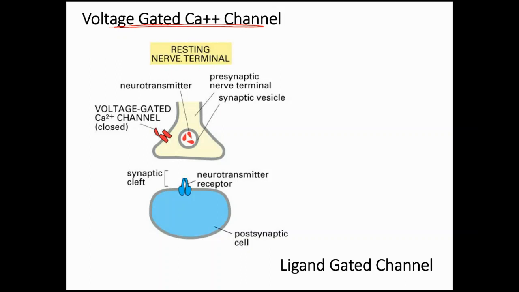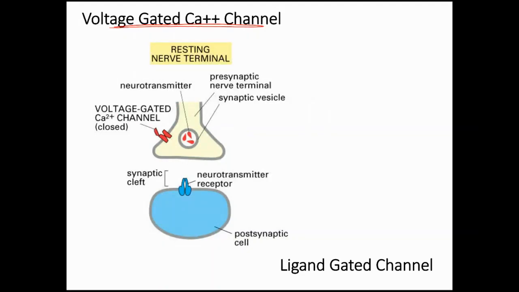A resting nerve terminal has its voltage-gated calcium channels closed. When an action potential is going to come through, the change in membrane potential when you get to the nerve terminal is going to open up a voltage-gated calcium channel.